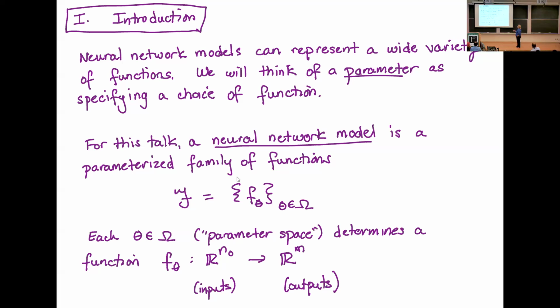My family consists of a bunch of possible different functions that can be realized. Each particular parameter lives in your space of parameters, and that determines your function, f theta, which will be a function from whatever your space of inputs is to your space of outputs.